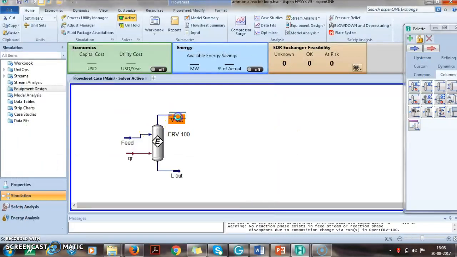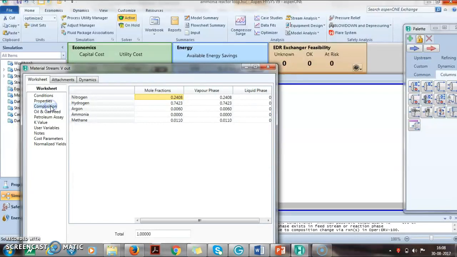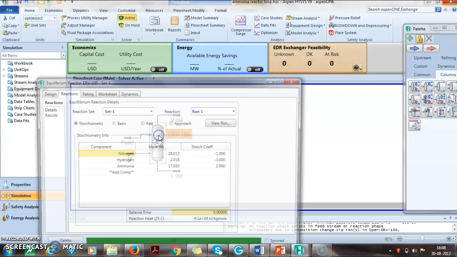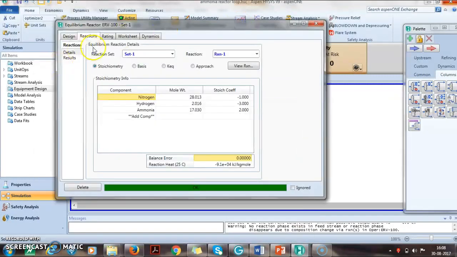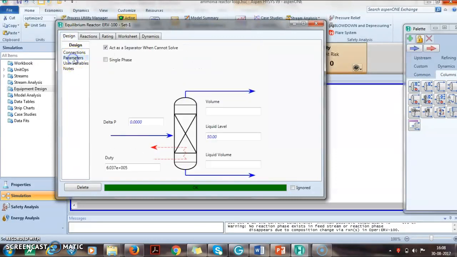And we can see the outlet composition. Let us go to design and parameters and see what the result is.